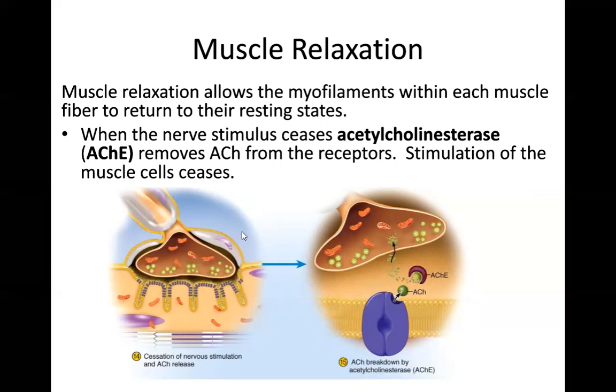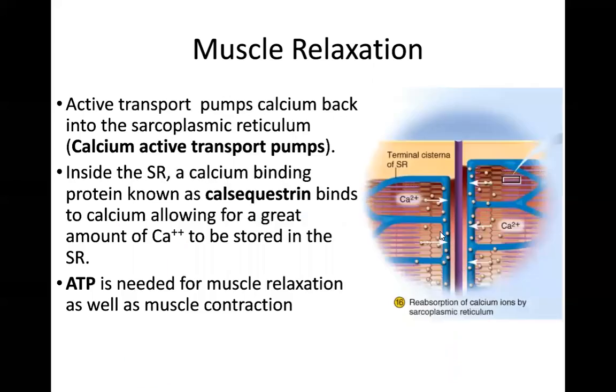Now, what's cool is the acetylcholine actually gets broken down, but it's recycled into its parts so it can then be used to be made again, essentially. No acetylcholine means no action potential in our muscle fiber.